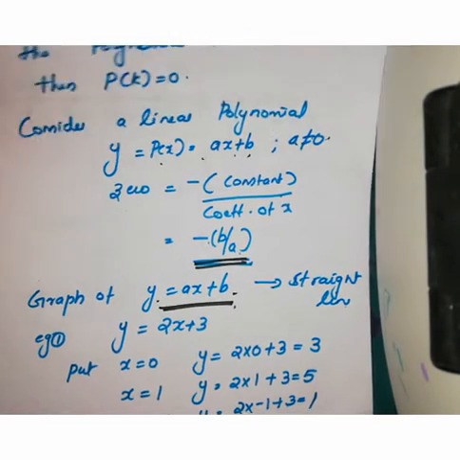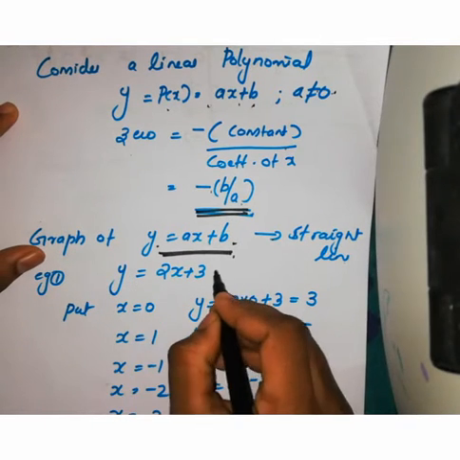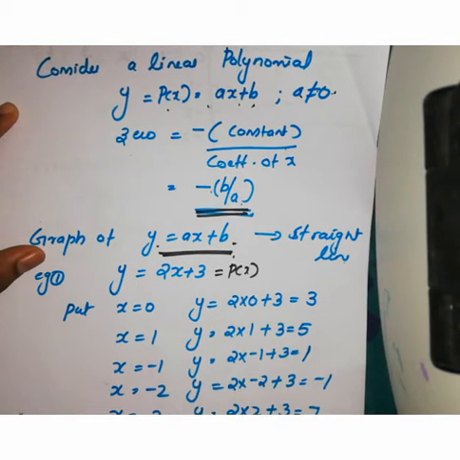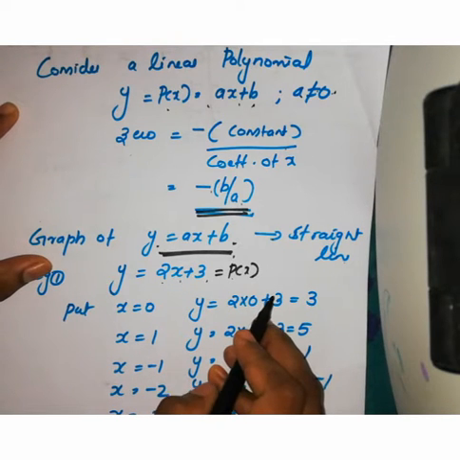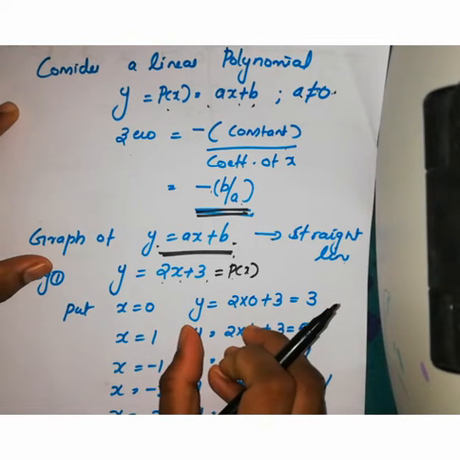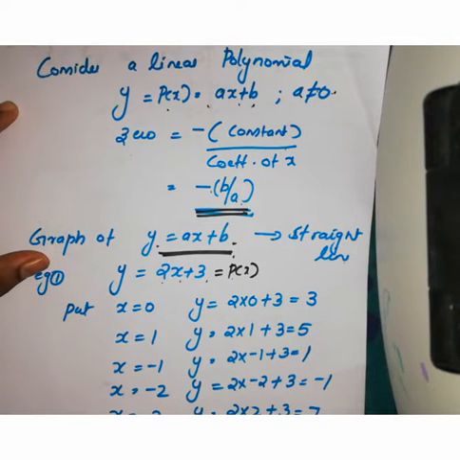So how do we get this? I will explain again here. Suppose our example polynomial p of x is 2x plus 3. We find the values of p of x for different values of x. We put different values of x, and for each we get a different value of the polynomial p of x.